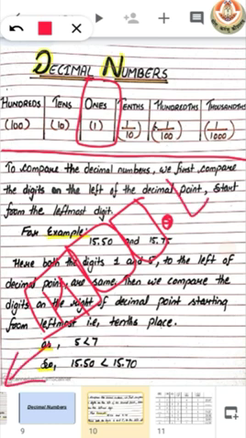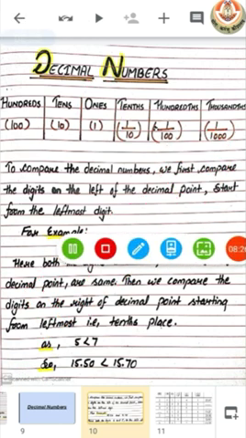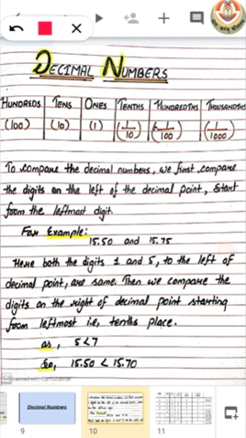But what do we call the numbers that come after the decimal? Let's check what these digits are called.